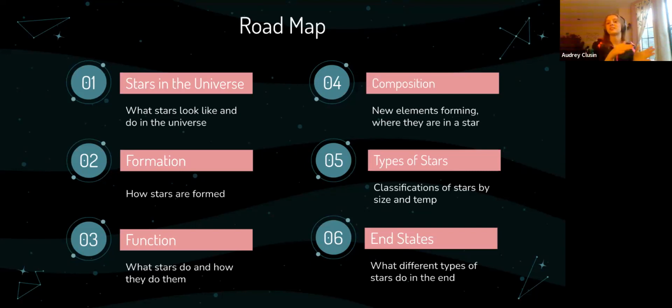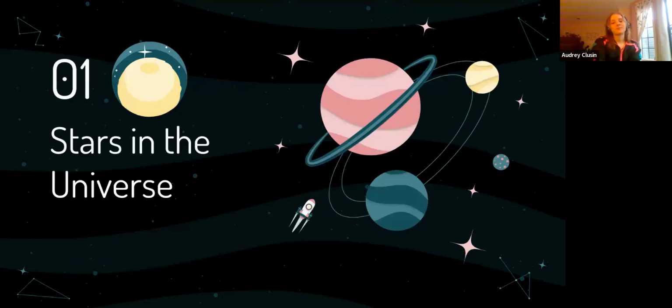Also, the types of stars, how we classify them by size and temperature. And finally, we're getting into the end states of the stars, like supernovas or black holes, all that kind of cool stuff. So let's get going. Our first topic is the stars in the universe.